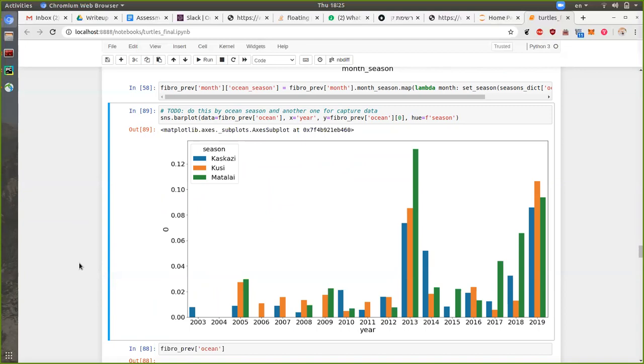In fact, the green is quite prevalent in those years where you have the big overall prevalences for fibro: 2005, 2013, 2019. But we already know it's not to do with that, huh? Yeah.